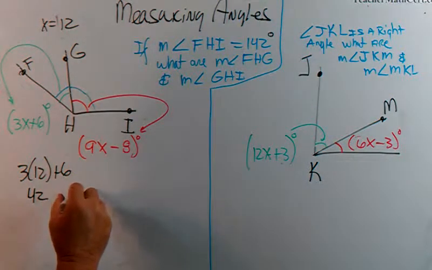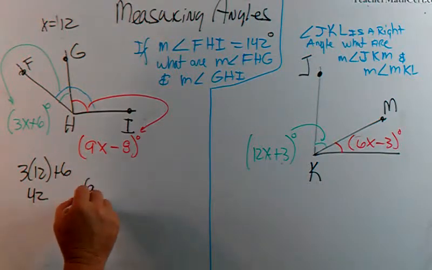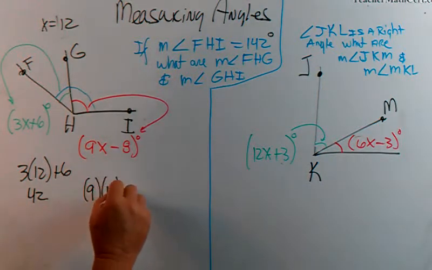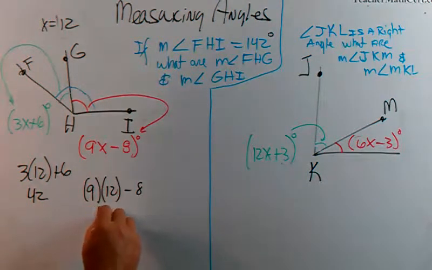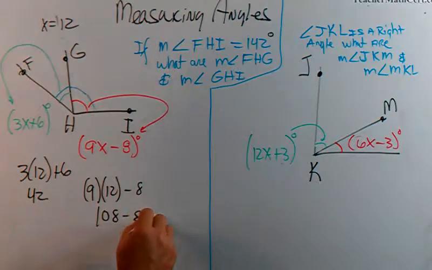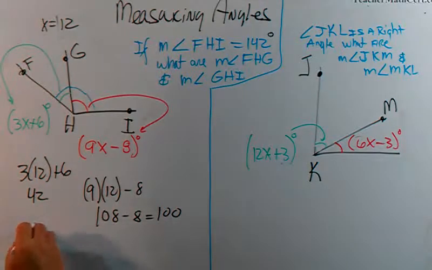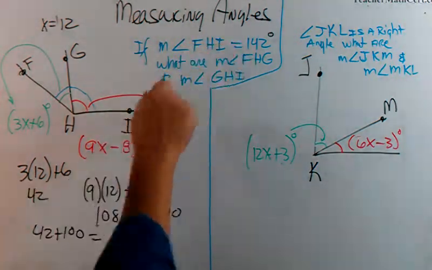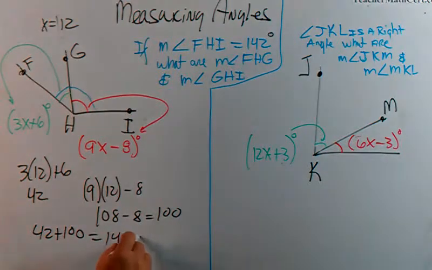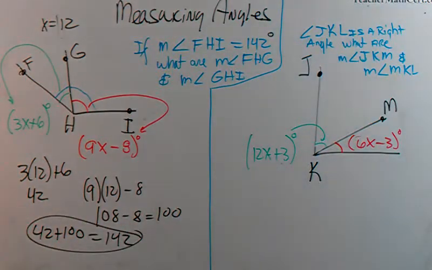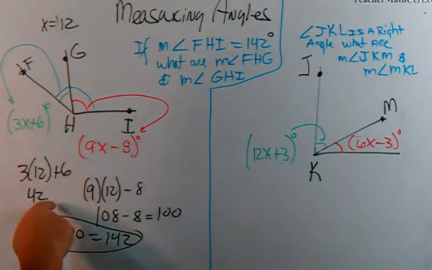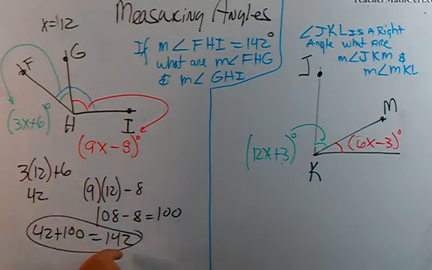What's this going to be? 9 times 12 minus 8, that's 108 minus 8 is equal to 100. So we've got 42 plus 100. Is that equal to 142? Yes, indeed. So that was correct. 12 is correct. This angle is 42 degrees, and this angle is 100.